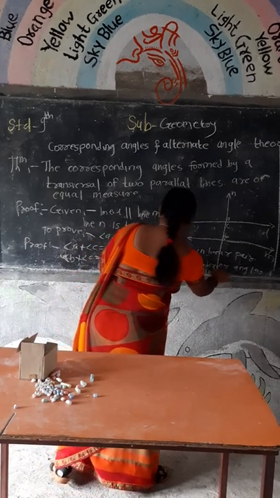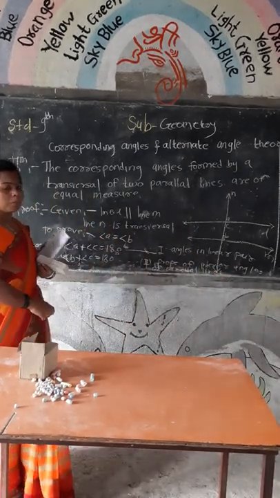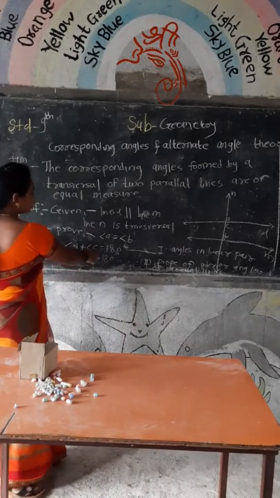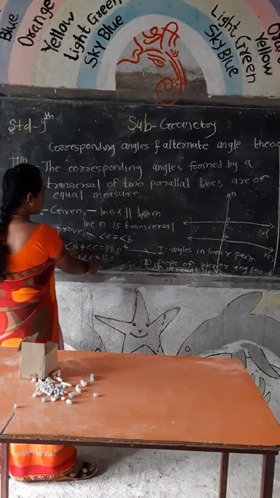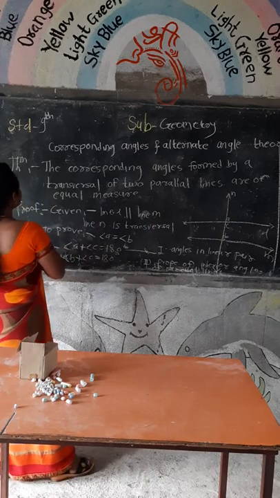Then from equations first and second, the right side is the same, that is 180 degrees. Then the left side is also the same.